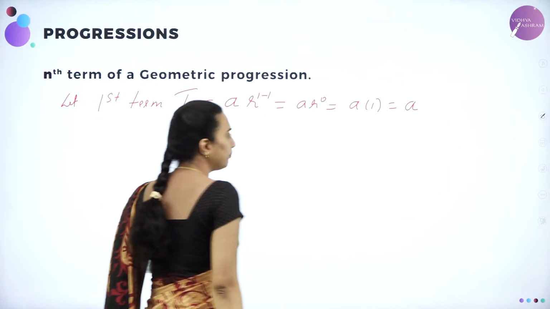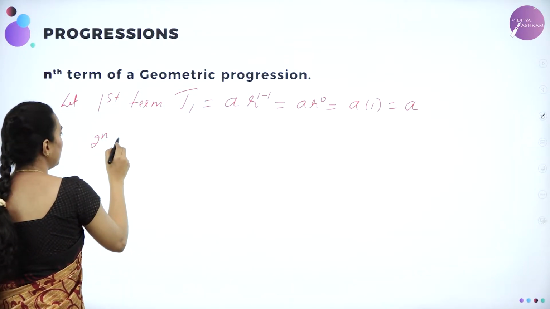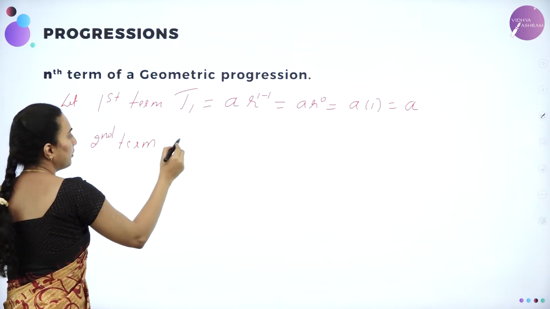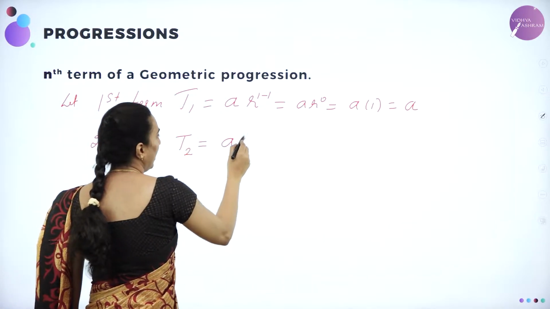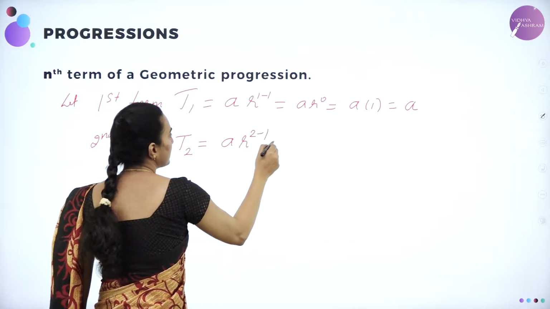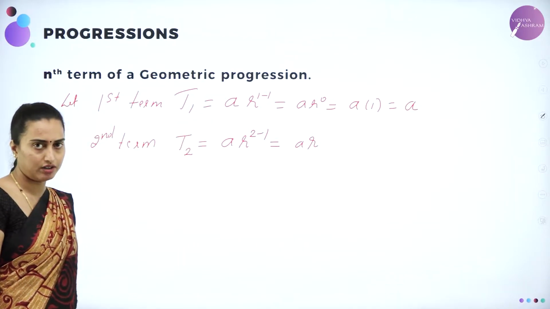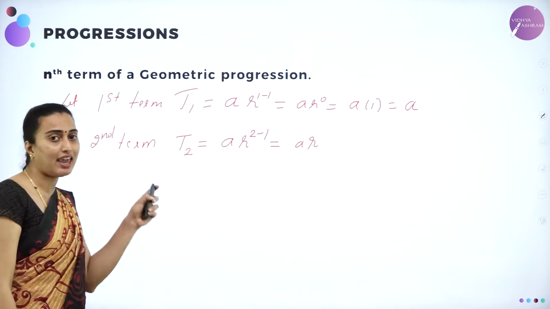This is the first term. We'll move on to the second term of a GP. The second term of a GP is T2, which implies a r to the power of 2 minus 1, which is equal to a r to the power of 1, which is a r. So the first term is a and the second term of a GP is a r.